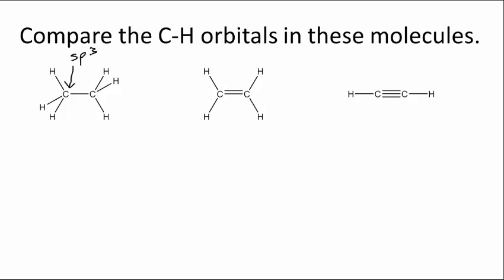So these sigma CH orbitals would be higher energy. Then say the sigma sp2 CH orbitals and the sigma sp CH orbitals would be lower in energy.